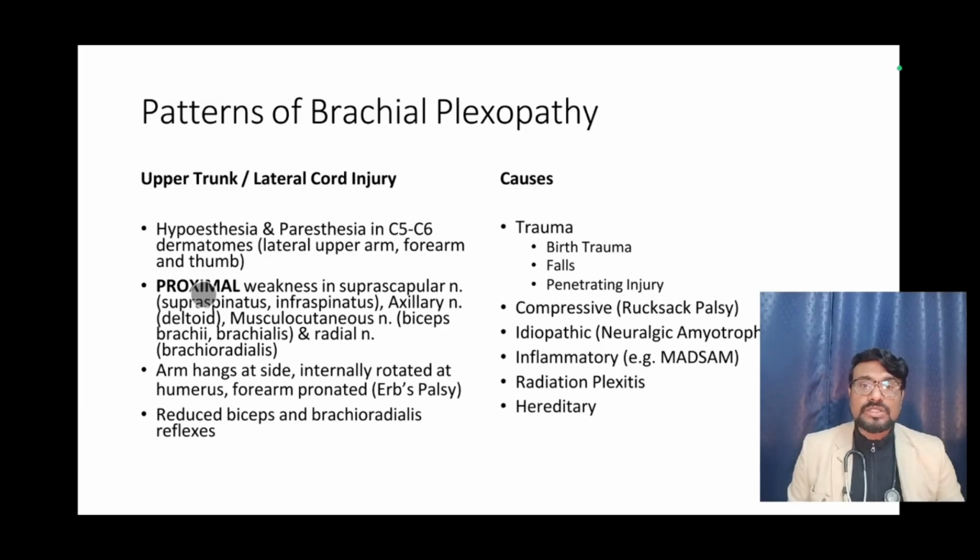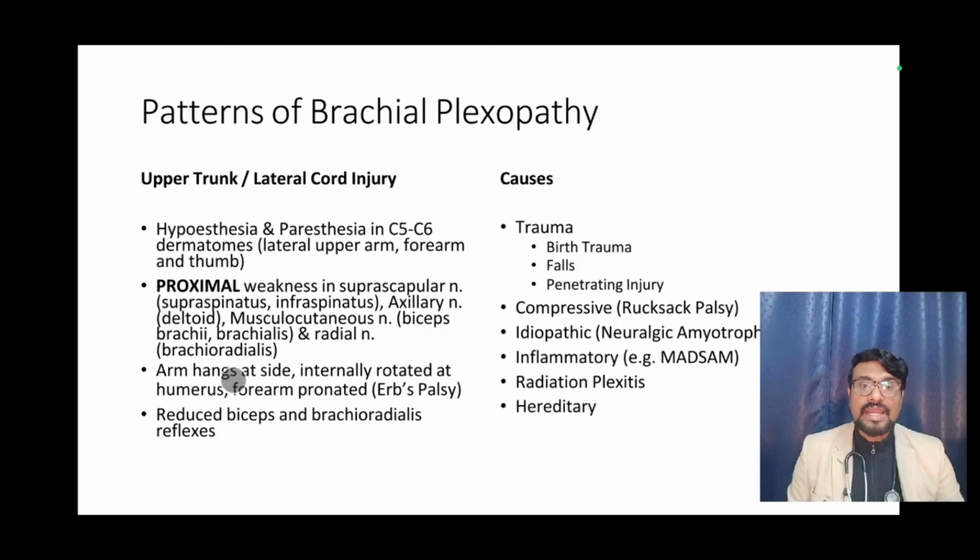They will have proximal weakness with suprascapular nerve involvement, leading to supraspinatus and infraspinatus weakness. Axillary nerve involvement will lead to deltoid weakness. Musculocutaneous nerve involvement will lead to biceps brachii and brachialis weakness. Radial nerve involvement will lead to brachioradialis weakness.